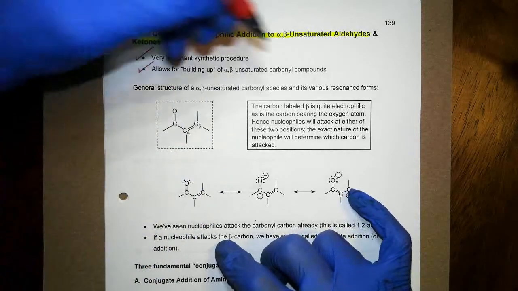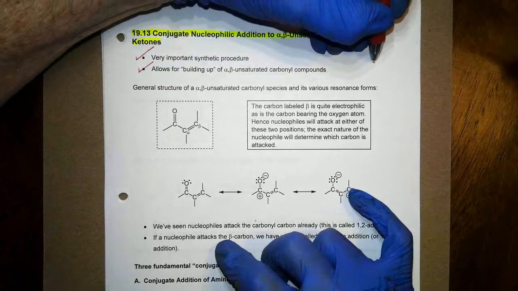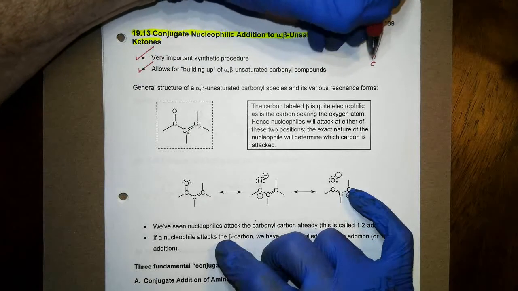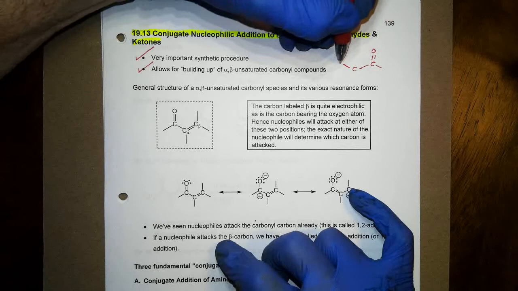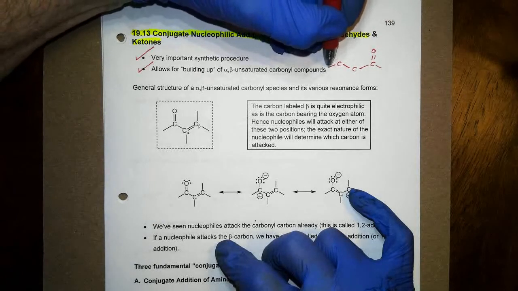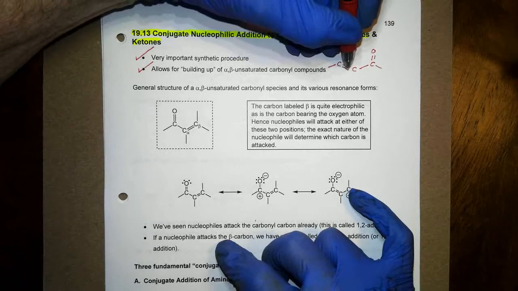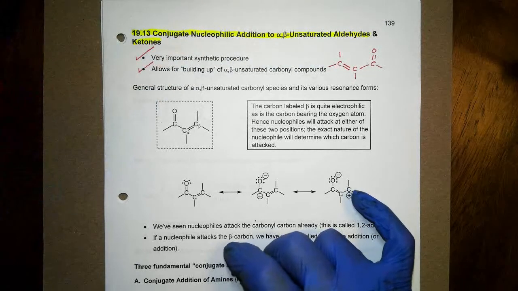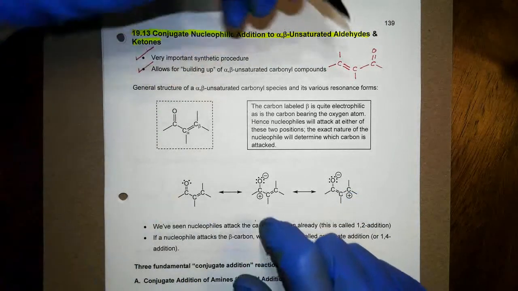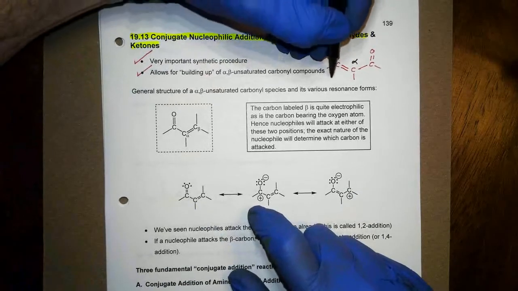All that an alpha, beta unsaturated carbonyl compound really is, is you have a carbonyl, and we've got some carbons over here, so on and so forth, but we have a double bond there, right? So henceforth, this is called alpha, and this is called beta.